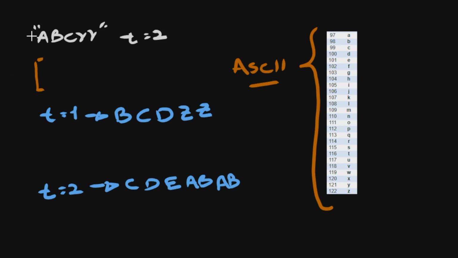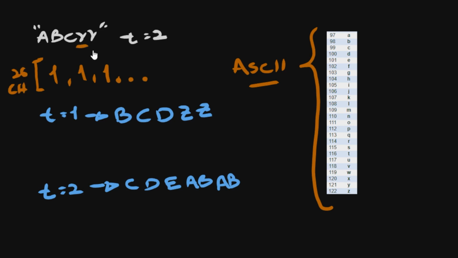So let's build this. First we have an A, and 97 minus 97 is 0, so this frequency array at index 0 is now 1. Next we have a B, and 98 minus 97 is 1, so this array at index 1, which is a B, is now 1. Next we have a C, and as we said before, 99 minus 97 is 2, so this array at index 2 is now 1. Now remember, this array will have all 26 characters for English lowercase letters.